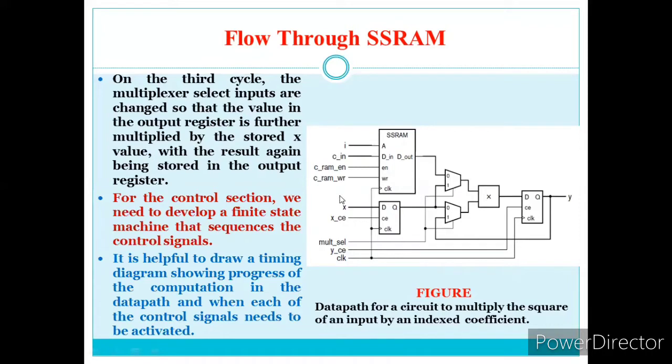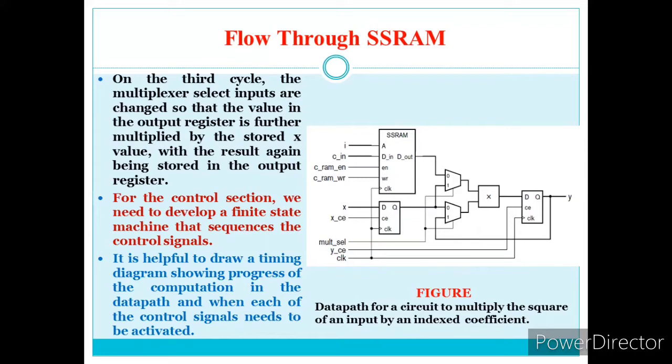And to control all these things, we have a control section, which we need to develop here. We already know that to control any operation, we need to design an FSM, that is a finite state machine that controls the given signals or operation.